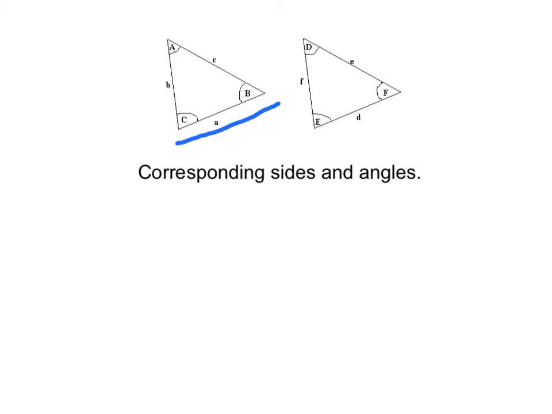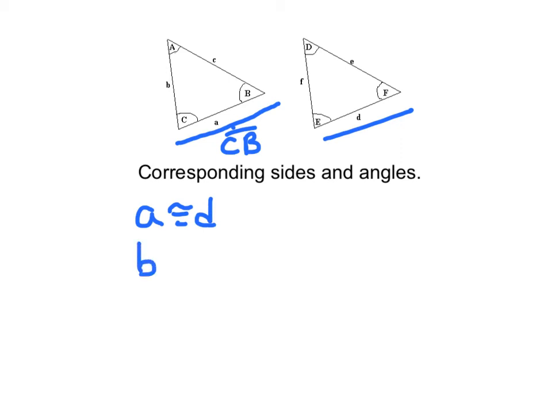This time we could call that side CB, like we did in the previous example, but in this example we have letters to represent the lengths of each side. So we can just say that side A corresponds and is congruent to side D. So A is congruent to D.